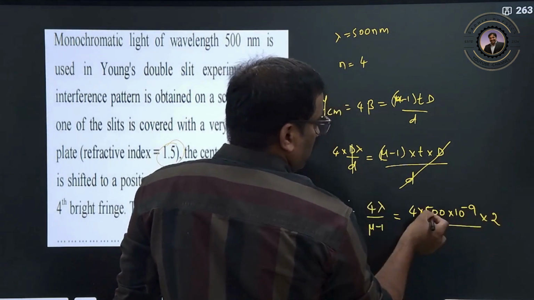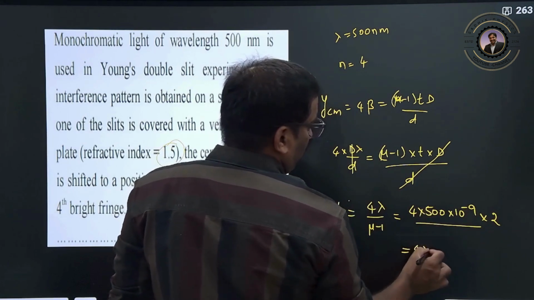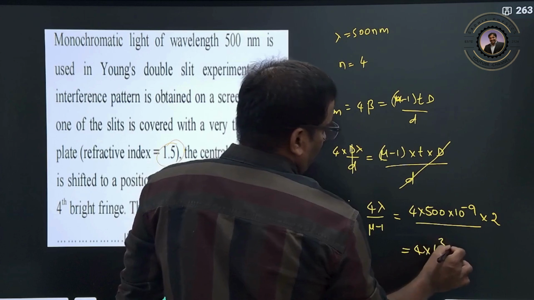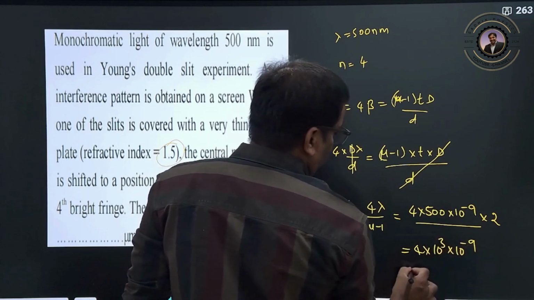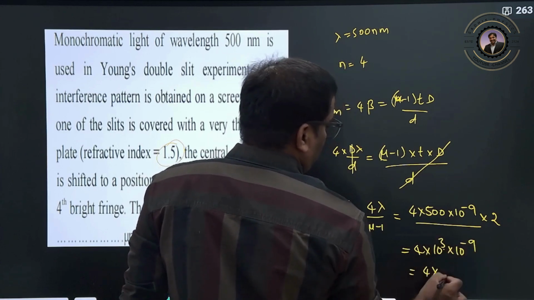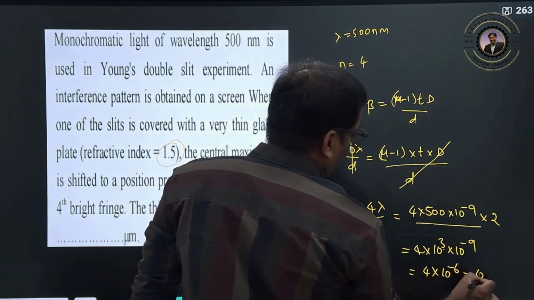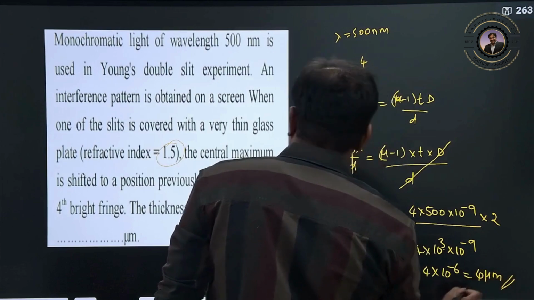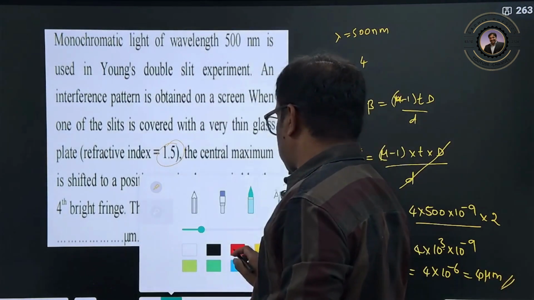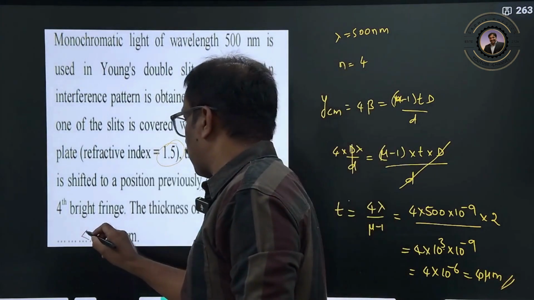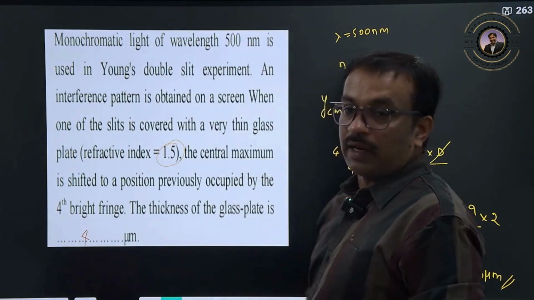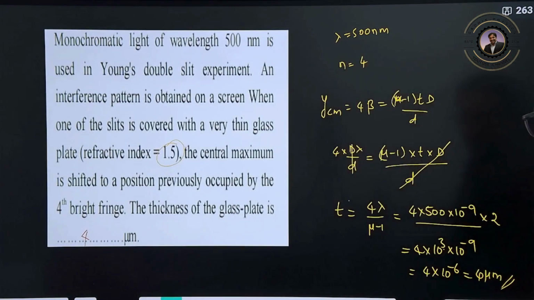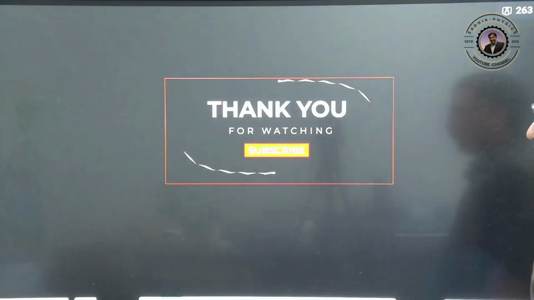So this is 4 into 10 to the power of 3 into 10 to the power of minus 9, which is 4 into 10 to the power of minus 6, so 4 micrometer. Therefore the answer is 4 micrometer. Clear, right?